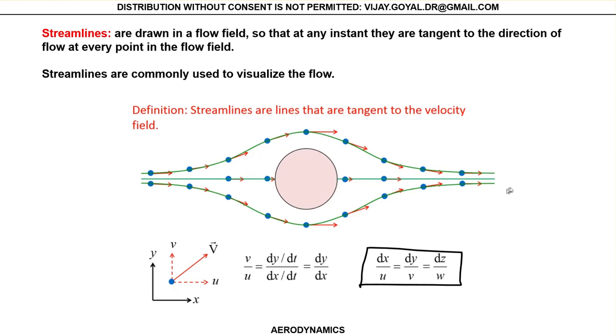If you're working with two-dimensional flow, you're mainly going to have dx/u = dy/v, where dx is nothing else than a small distance in x. So if I take a small particle and I call this x, I call this y, that small particle is going to have two components.